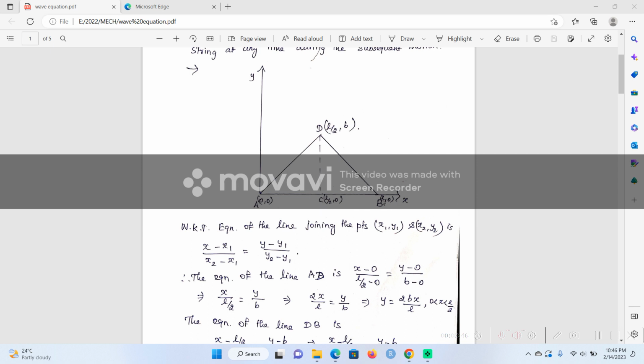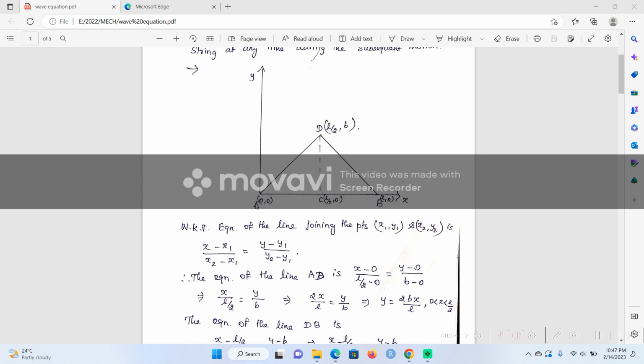Similarly at B, this is the next end, the length of the string is L. Here also the string is fixed, so there is no movement at this point either. So the displacement is considered as 0. So the coordinate of B is considered as L, 0.